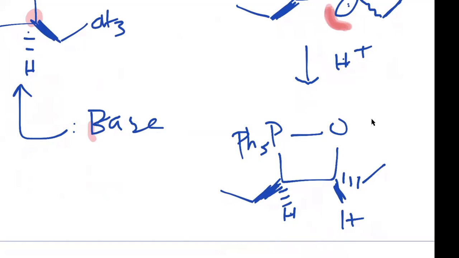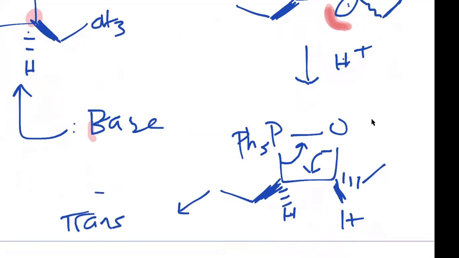And so when this breaks down, when it goes through this decomposition, where this pair of electrons comes here, and this pair comes here, then you're going to get out the trans alkene, right?